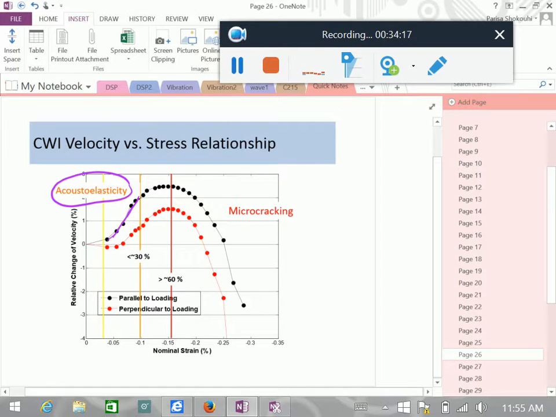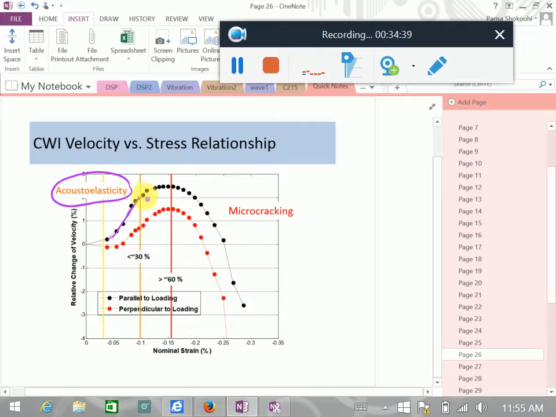And then, after a while, you start having damage inside, and then you have two competing mechanisms. On one hand, acousto-elasticity wants to increase the velocity, but remember, if you have cracks, the velocity goes down. So this competition results in this kind of plateau.